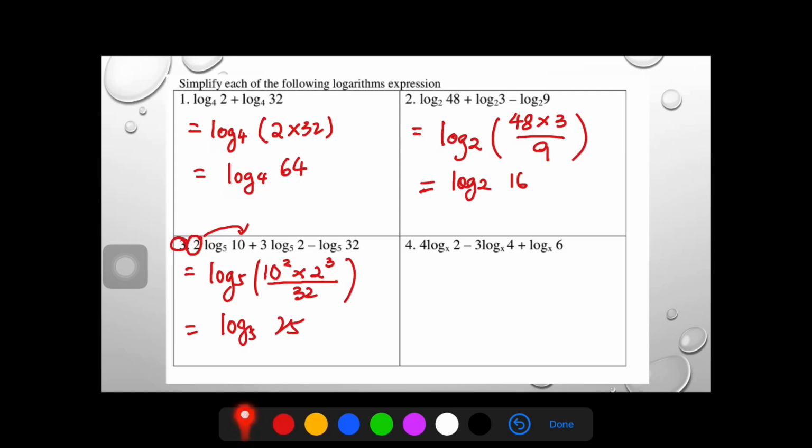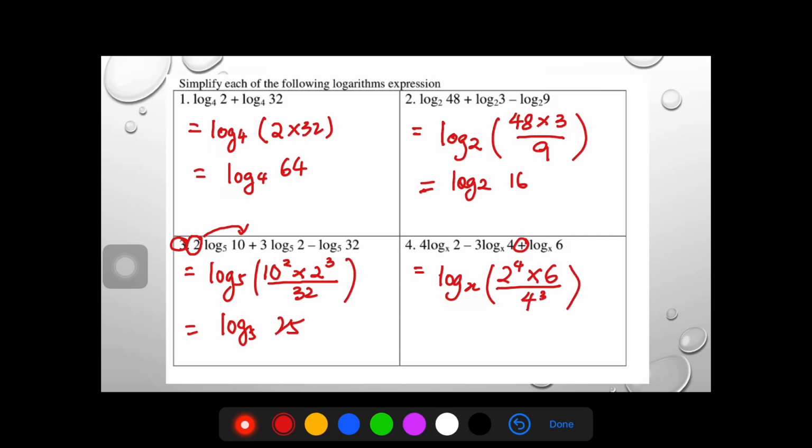And then the last question, 4 log base x 2 minus 3 log base x 4 plus log base x 6. So they will become log base x, the first one, 2 power of 4, plus me multiply with 6, divide by 4 cube.